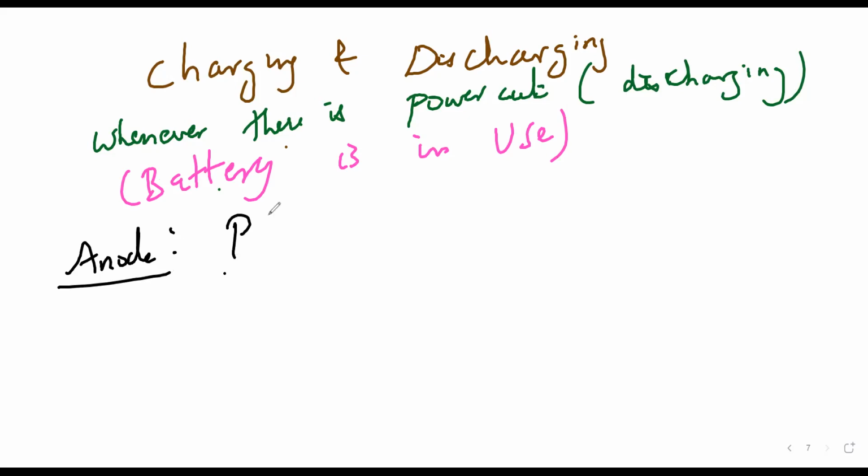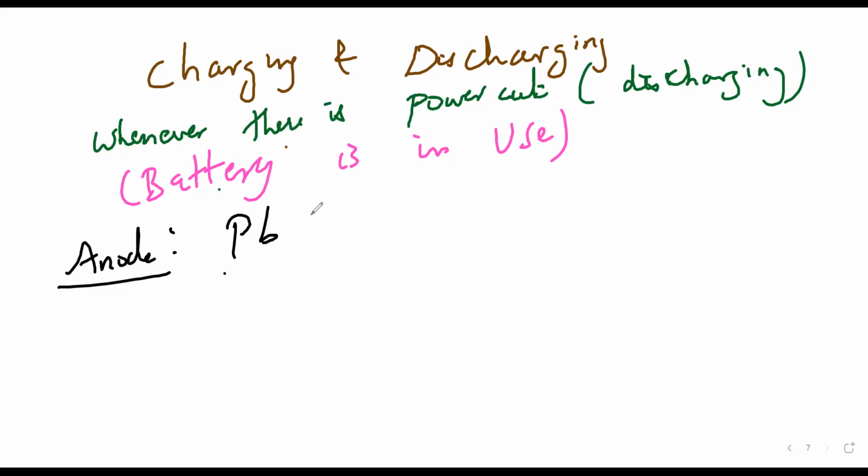The anode is nothing but the lead, with the sulfuric acid. We all know that in the inverter battery at home there is some chemical reaction; we put distilled water and everything.